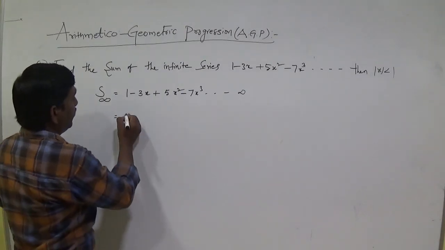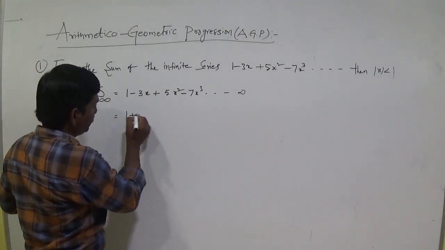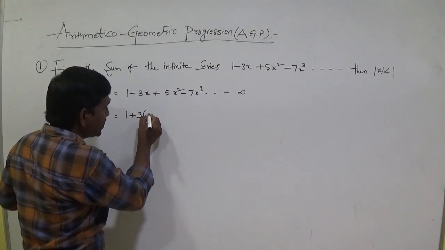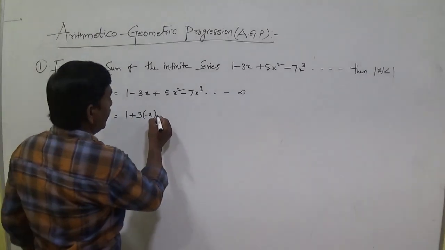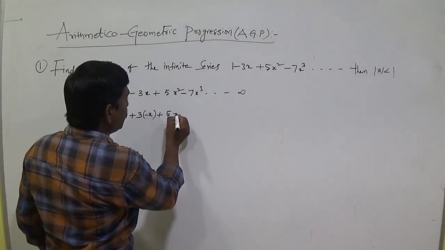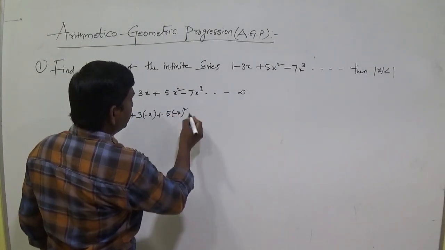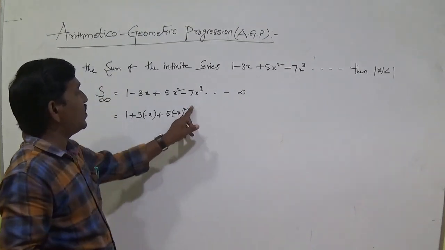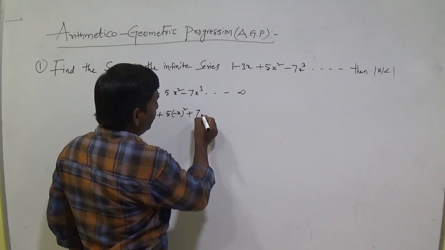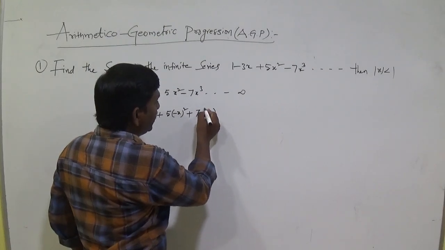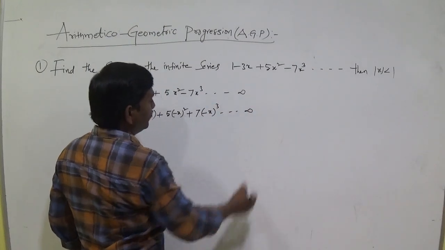Written as 1 plus 3 into minus x, plus 5 into minus x whole square, minus x whole square means x square, and 7 into minus x whole cube, and so on to infinity.